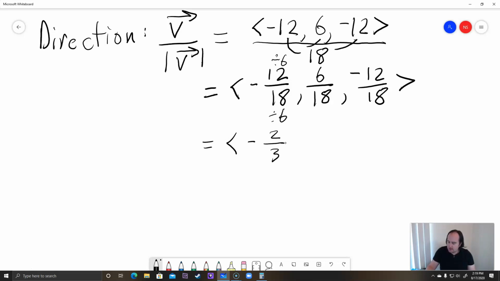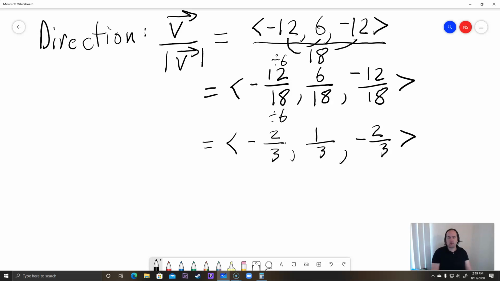So that's going to be negative 2/3. And then we do the same thing for the other components. For the second component, 6 divided by 6 is 1, and 18 divided by 6 is 3, so we get 1/3. And then for the third component, it's the same as the first component, so that's also going to be negative 2/3.